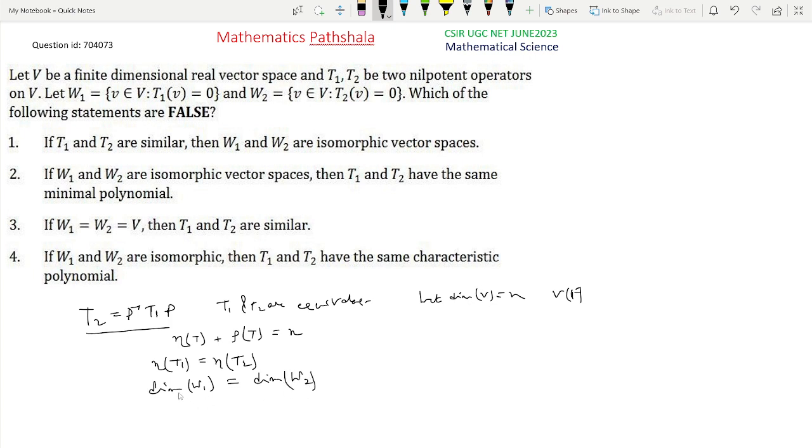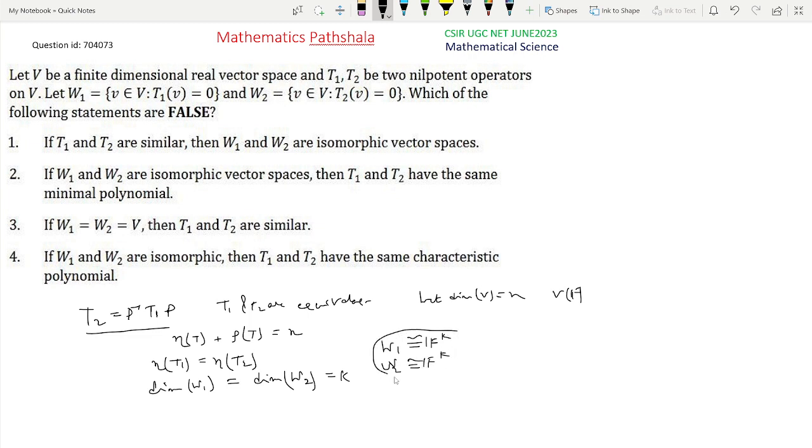Since these two vector spaces are over the same field F and their dimensions are the same, they must be isomorphic. Because if this is the same as k, the common value, then W1 is isomorphic to F to the power k, and also W2 is isomorphic to F to the power k.